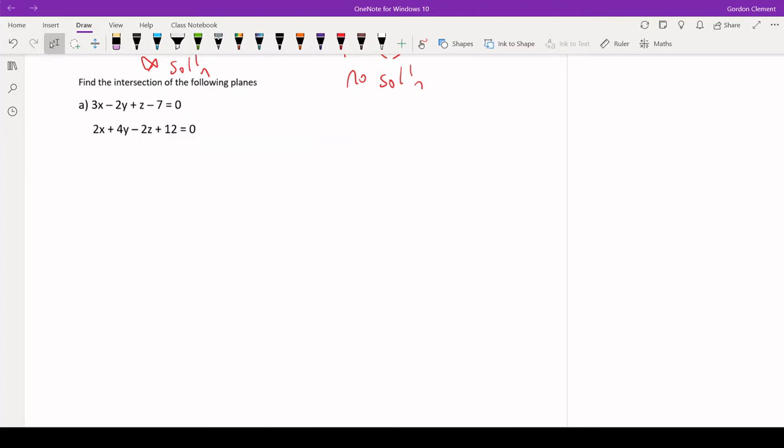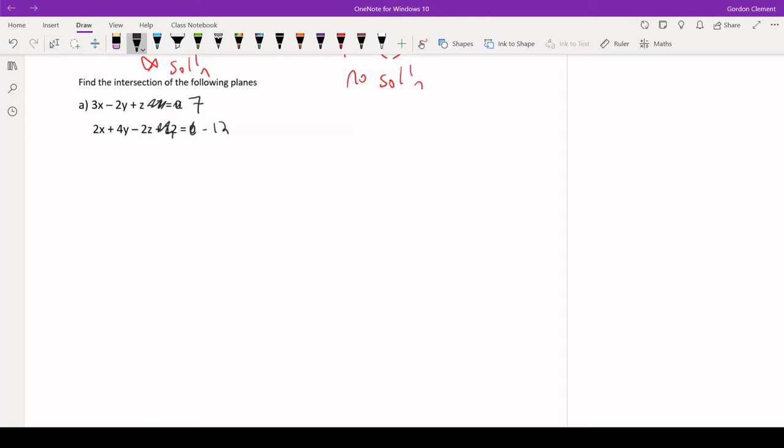If the d value is on the left side, which is the typical way it is, I want you to take a second and move that over. So move the -7 over, make it +7 on the other side, and make that -12 on the other side. Have the x, y, z stuff on one side, and the d value on the opposite side of the equation.